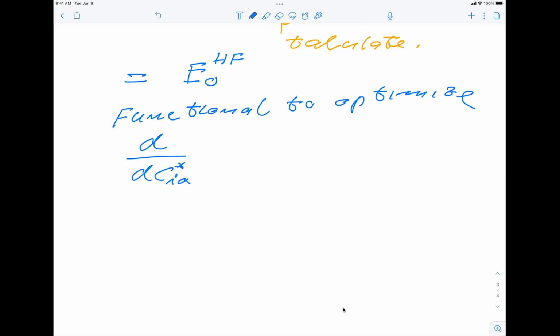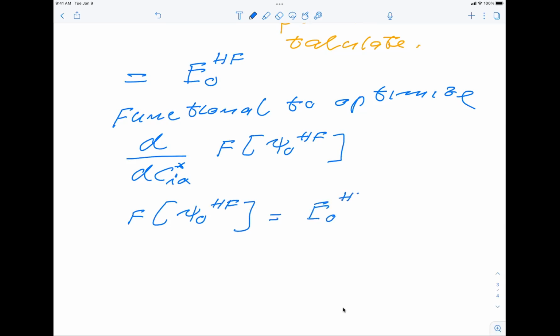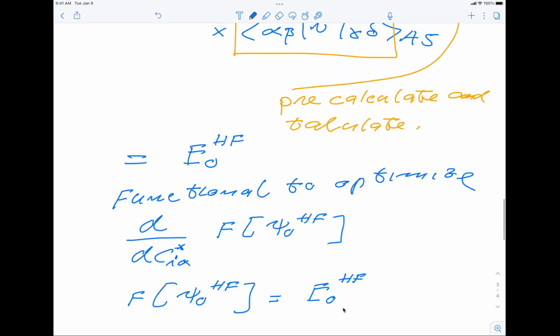And what we want to calculate now is a functional F of psi 0 Hartree-Fock, where this F of psi 0 Hartree-Fock is given by this E0 Hartree-Fock, which we have set up. So this means this expression here.